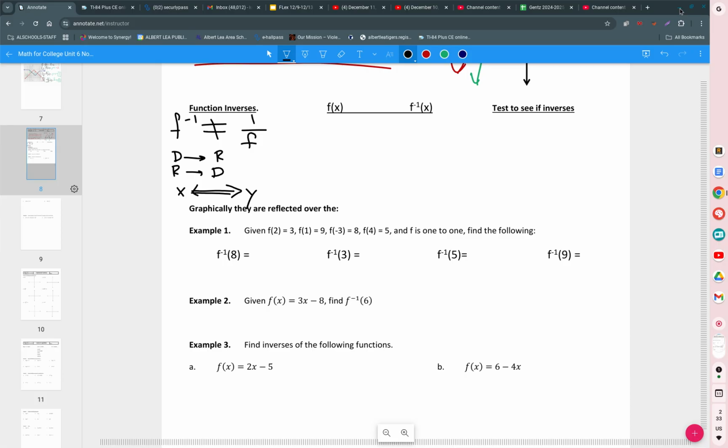Okay? So to demonstrate, I'm going to give you the most basic function that I can think of in my brain. I'm going to give you the function (1, 2) and (2, 3). That's my function. It is simply 2 points.